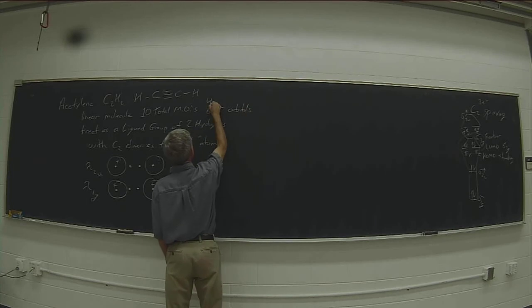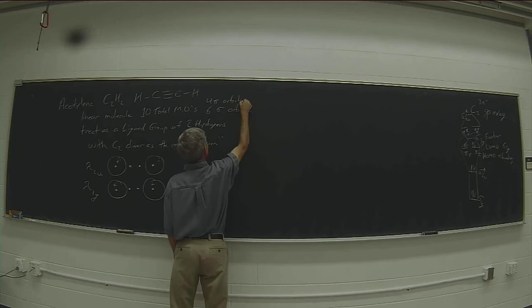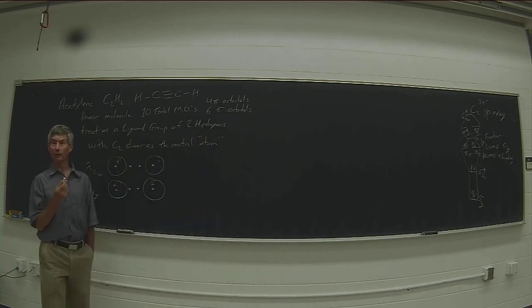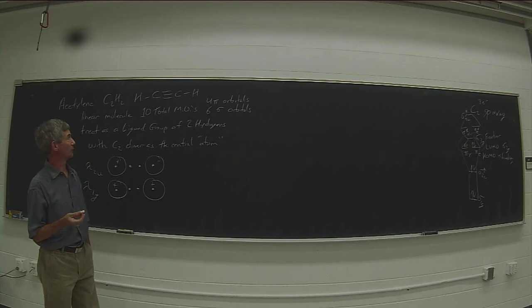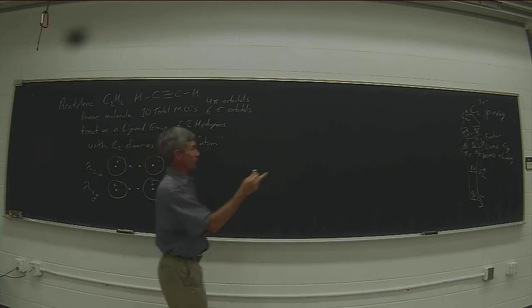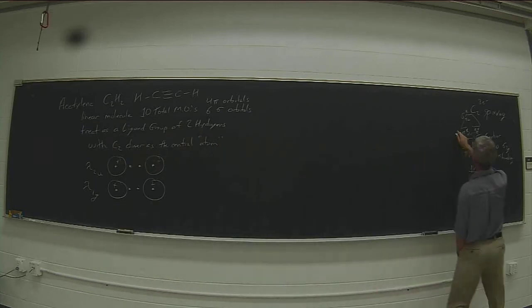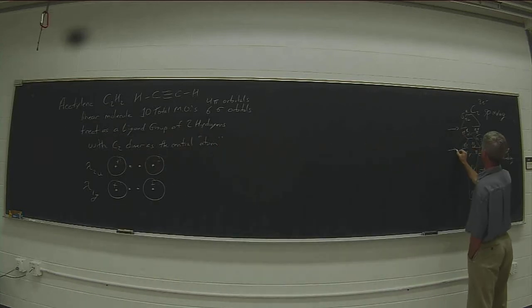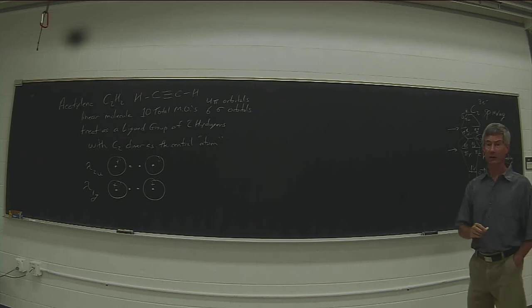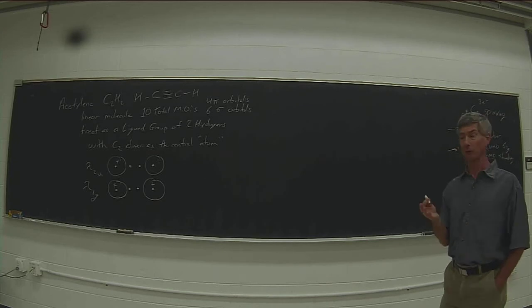And there'll be 4 pi symmetry orbitals. Pi symmetry orbitals won't actually look any different than they would for ordinary C2 dimer, because hydrogen doesn't have any orbitals with pi symmetry. So these pi star orbitals and these pi orbitals will come over unchanged when we insert the C2 dimer into the middle of the hydrogen ligand groups.